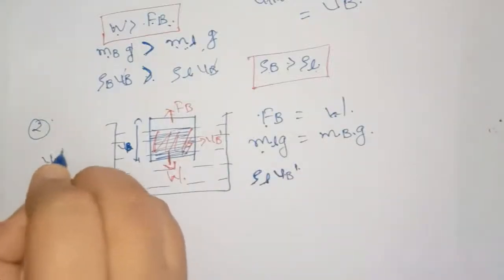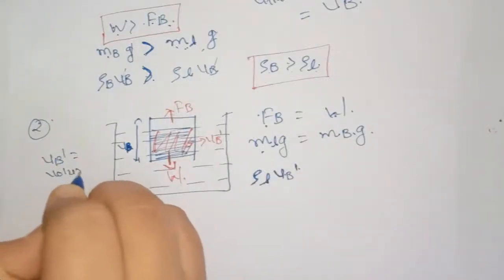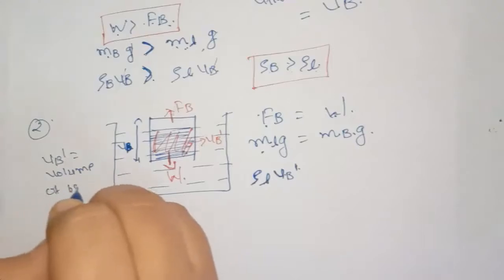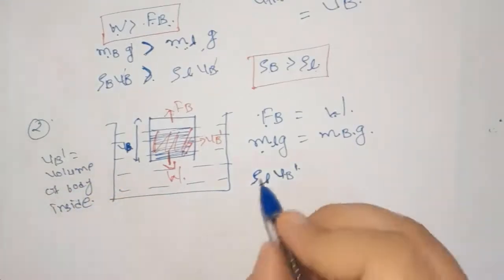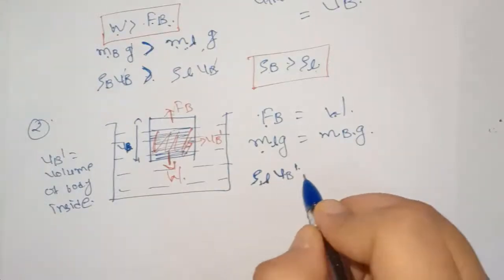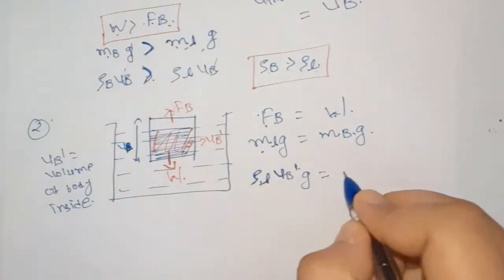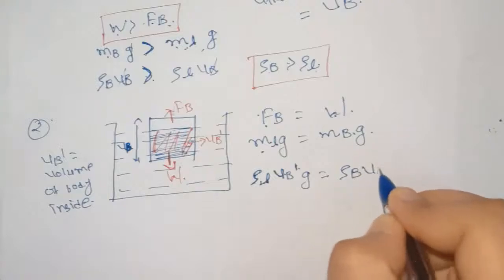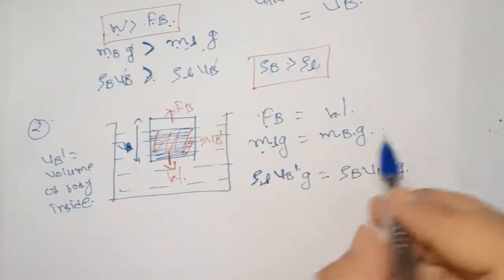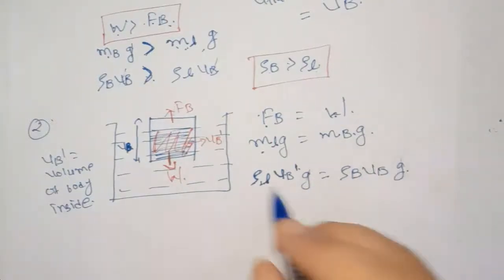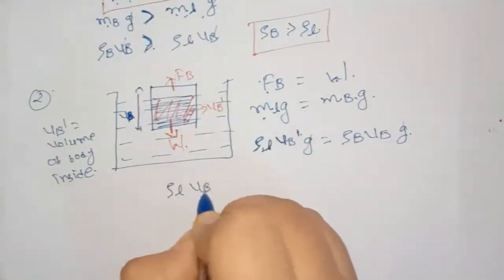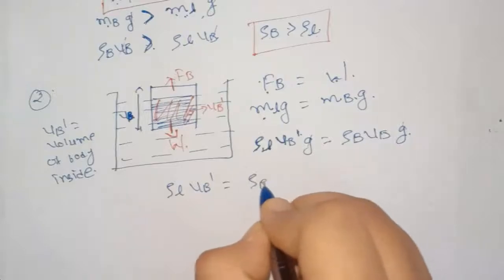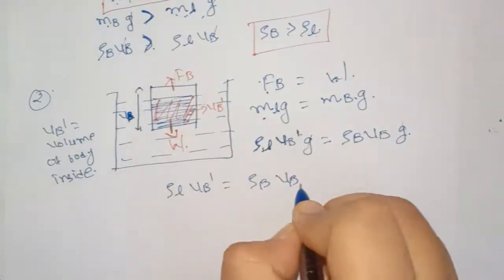So density of liquid into VB dash into g is equal to density of body into volume of body into g. This g will get cancelled out, so we can write density of liquid into VB dash is equal to density of body into volume of body.